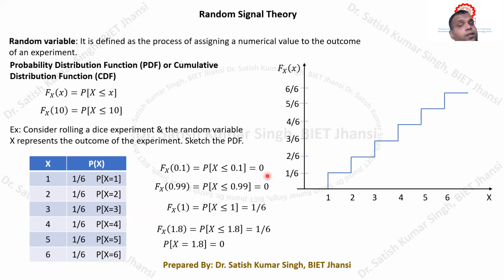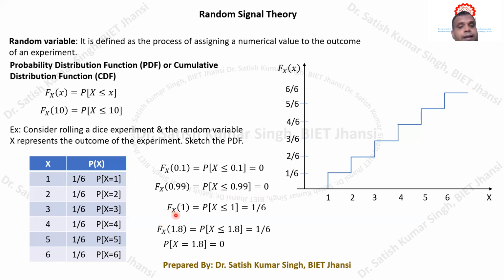Similarly, what is F of x at 0.99? This represents our probability distribution function, so it means the probability that x will be less than or equal to 0.99. Again, the minimum possible output is 1, so this output is also 0. There is no such probability that any face will give the output 0.99 in the case of rolling a dice experiment.